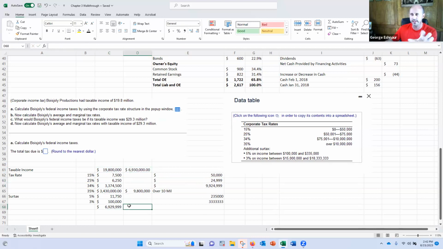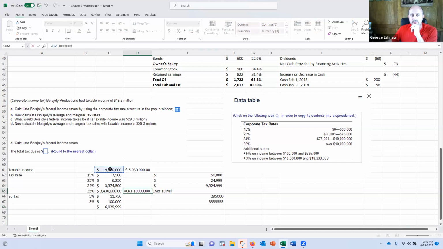This one is unique in what it's asking, because you're actually going to round up and get a very similar answer. But what we see here is anything over 10 million. So I said, all right, what's this minus $10 million? That leaves 9,800,000. I took this 9.8 and multiplied it by the 35%.